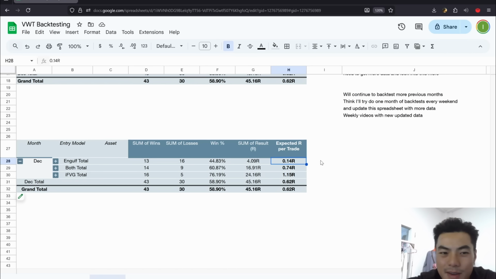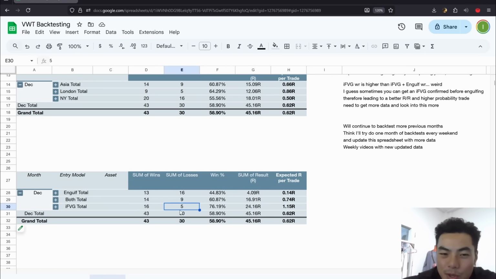And then inverse fair value gap was really high, 1.15 expected R, the highest overall. I guess it makes sense. I used to trade an inverse fair value gap model previously, and inverse fair value gaps just seemed like a super strong indication of a reversal. So I can't say I'm super surprised there. Look at that, 16 wins, 5 losses if there's an inverse fair value gap. Insane.